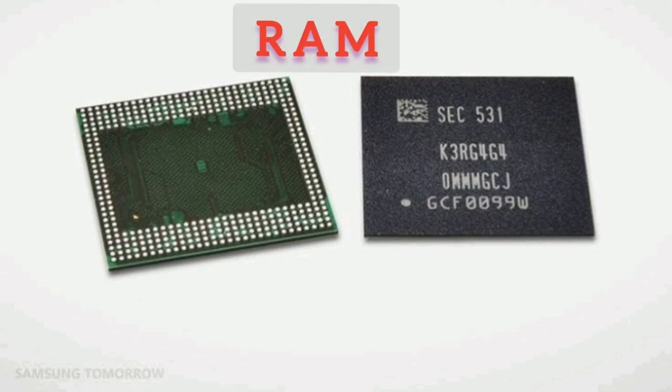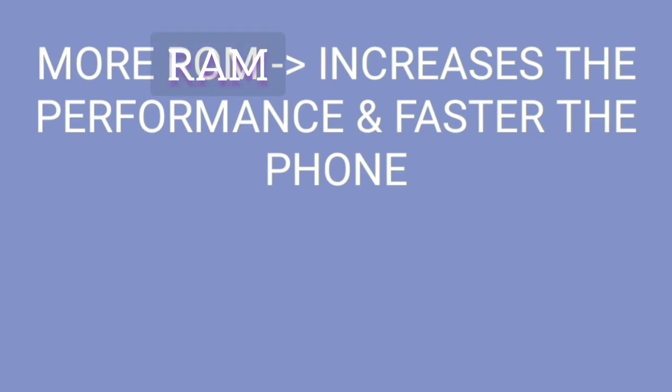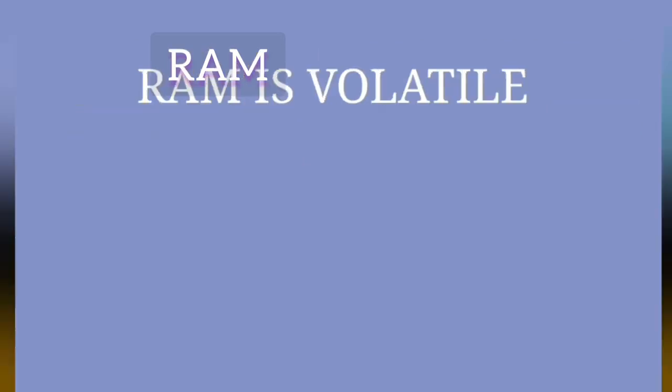These apps exist in the RAM until we use them. Later, they will all be shifted to the background. More RAM increases the performance of the phone and makes the phone faster. As we all know, RAM is volatile, meaning it loses its contents when the device is turned off.